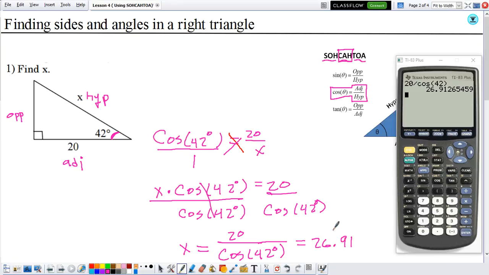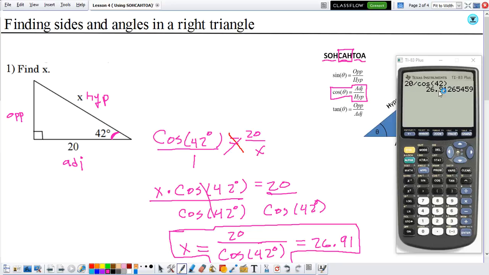Let's just round it to the nearest hundredth. So this is how we can find the side using Sohcahtoa. You first look at the setup, then you need to identify what are the three components of Sohcahtoa you'll be using, and then you just basically plug in your info.